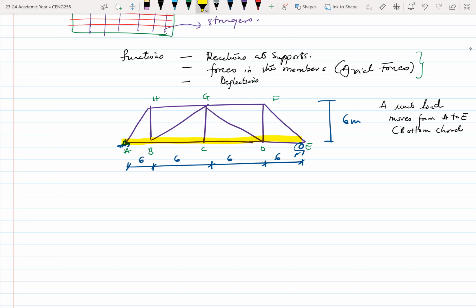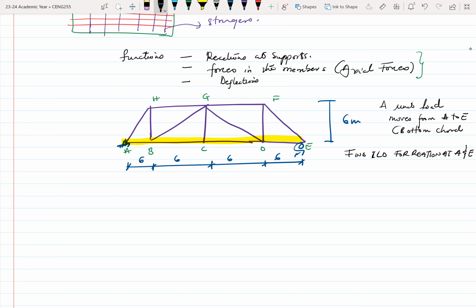And let's say, for example, we are being asked to find the influence line diagram, ILD, for the reaction at A, or maybe A and E.